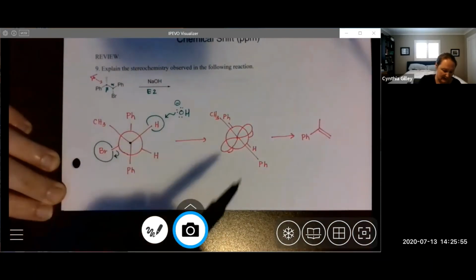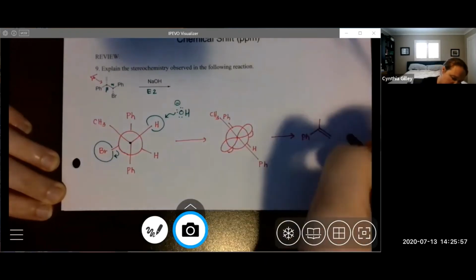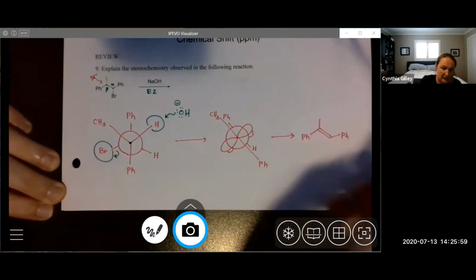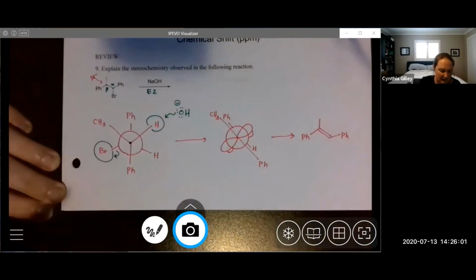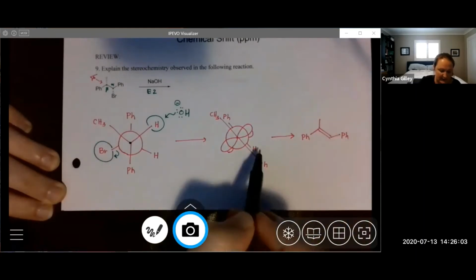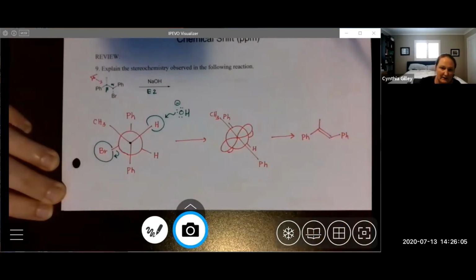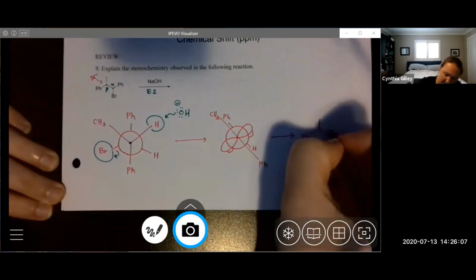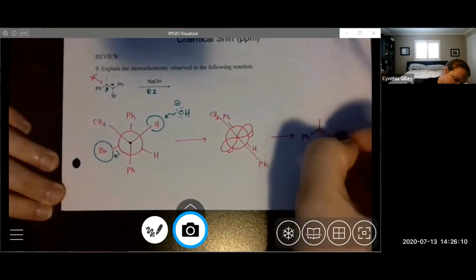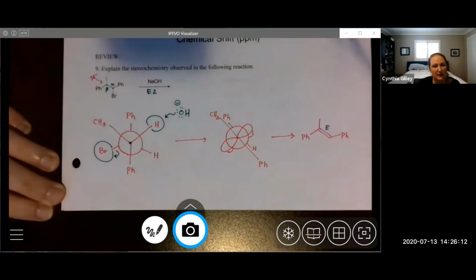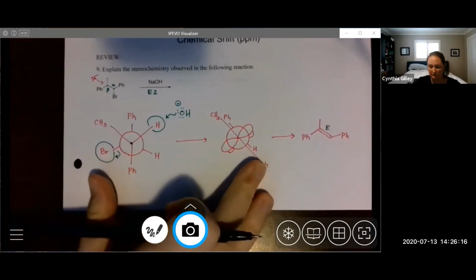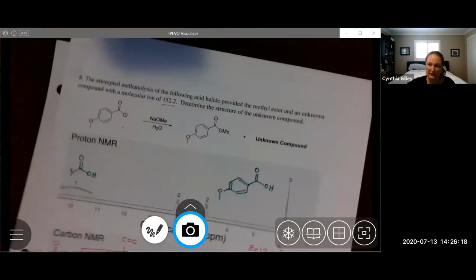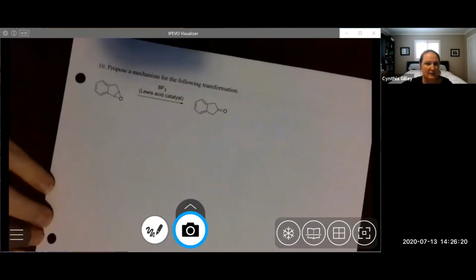So on the same side as the methyl is the other phenyl, and the hydrogen is on the same side as the phenyl. So we end up with the alkene as the exclusive stereoisomer. So that's good review for the ACS exam, right?